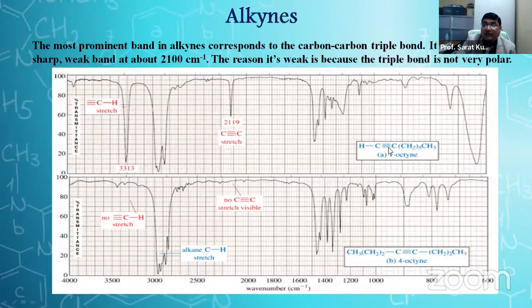Then definitely you can guess that the carbon-carbon triple bond is at the terminal position. But if it is in the middle of the chain, then it is very fundamental organic chemistry, even plus-2 chemistry, that you can know how to identify what kind of bond is present in the compound.